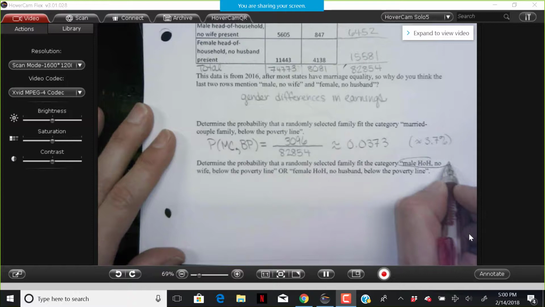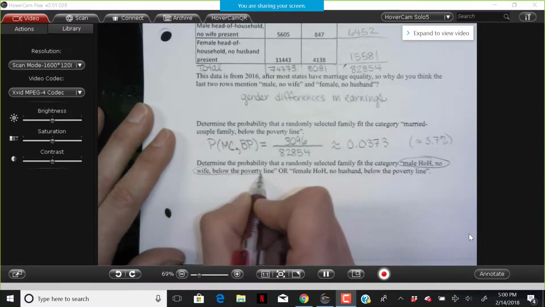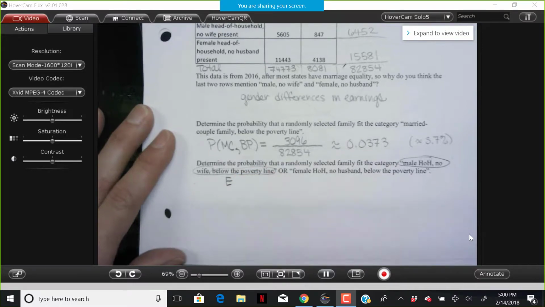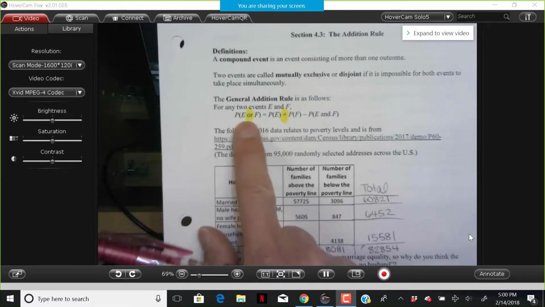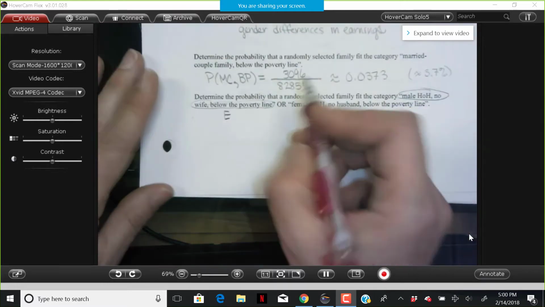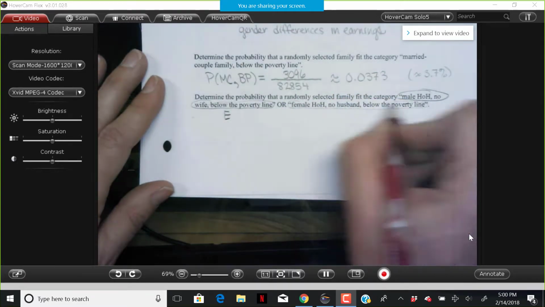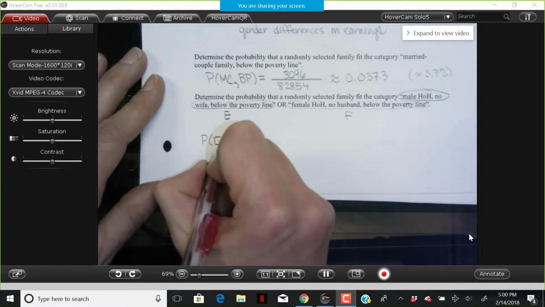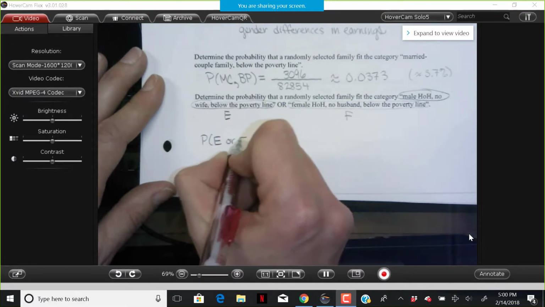I don't want to keep writing that all the time, so I'm going to call that E, just because those are the letters they use up here, and I'm going to call this whole thing F. So we want the probability of E or F.